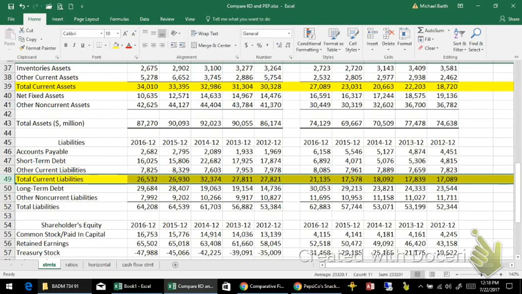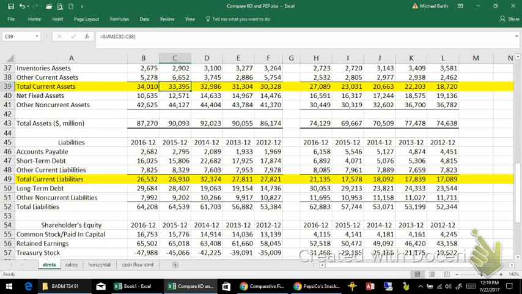So we're looking at the ratio of current assets to current liabilities. What we see here with Coca Cola, that's going 30 billion, 31 billion, 33 billion, 33 billion, 34 billion. But the denominator, 28, 28, 32, 27, 26. There's a slight decrease in the current liabilities and a slight increase in the current assets.